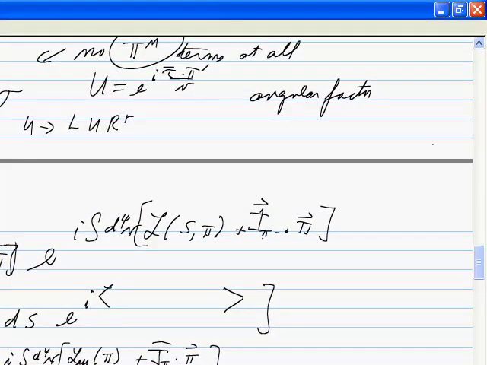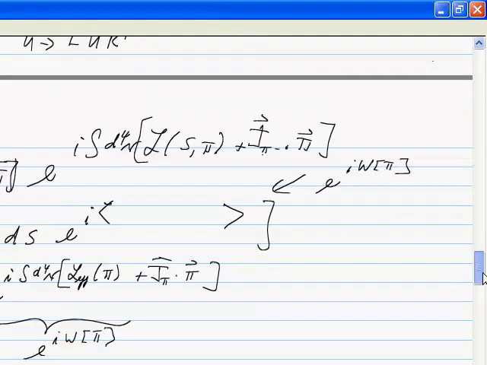So doing that path integral, we call this guy e to the i W of pi. It can only depend on pi, and then we parameterize it as an effective Lagrangian. Okay, so that's the technical correspondence.